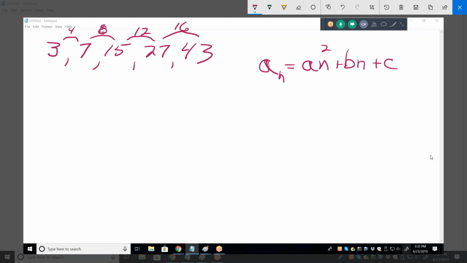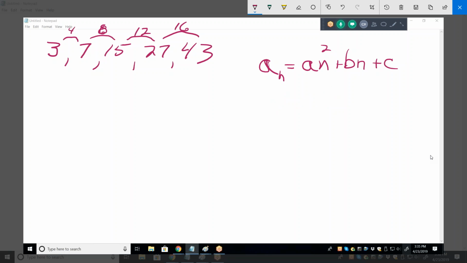Because we know what the first term is. a sub 1 is 3, so that makes 3 equal to a plus b plus c. Hold on, how do we get that?